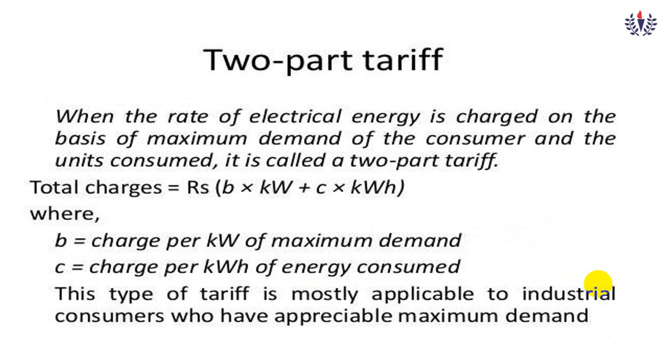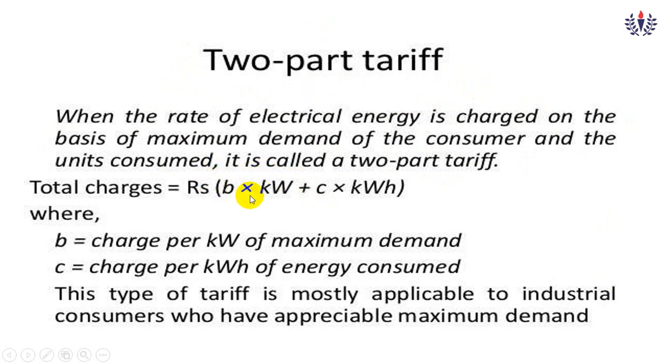Next one is the two-part tariff. So here in the title itself we have got the idea about the tariff. Here there are two parts. So when the rate of electrical energy is charged on the basis of the maximum demand of the consumer and the units consumed, it is called a two-part tariff.